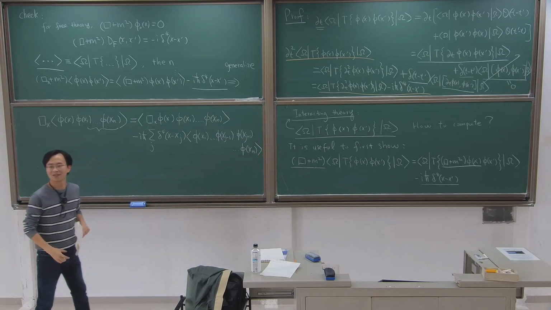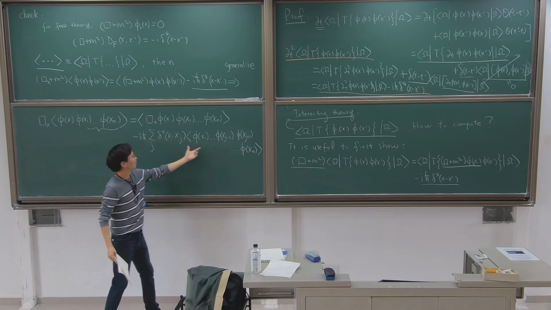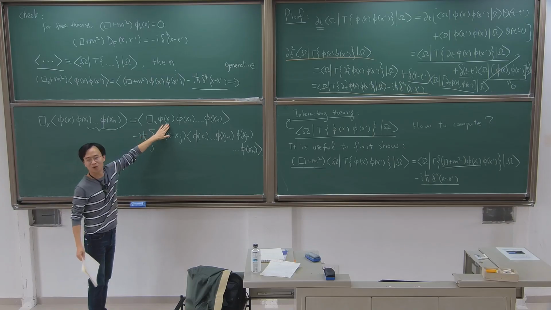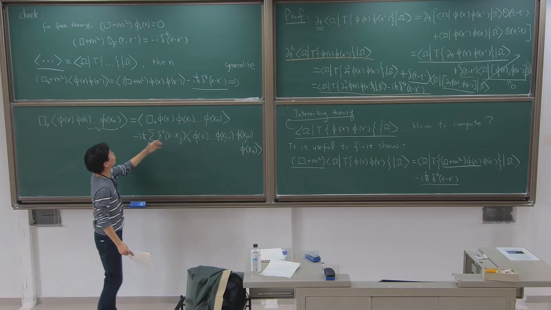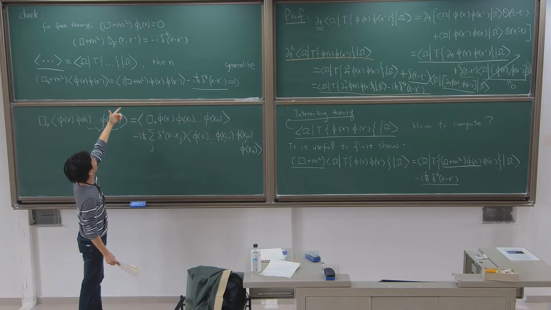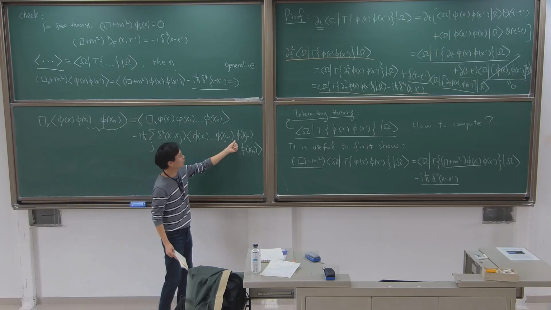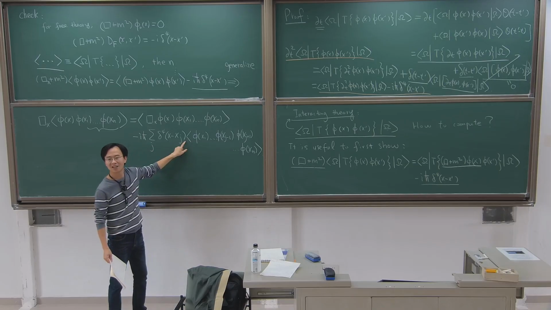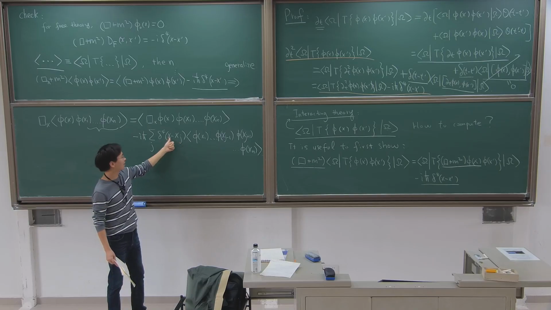Is that clear? It's just that you erase, of course you will not have phi of x anymore. But even for the remaining terms, the contribution comes from the experience of the two-point function case. You just erase the particular insertion xj and replace it by a delta function of x minus xj.